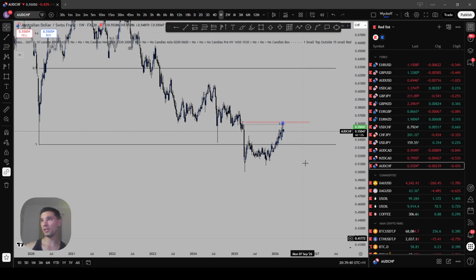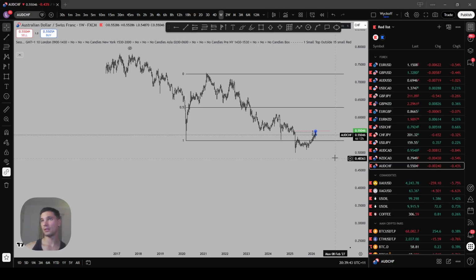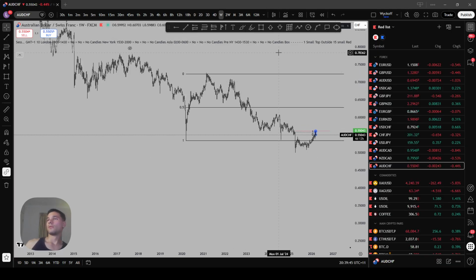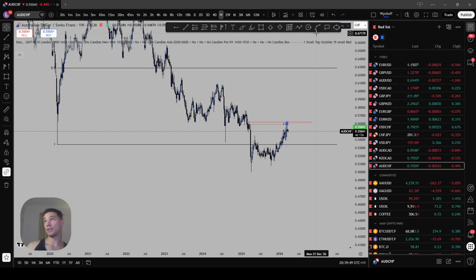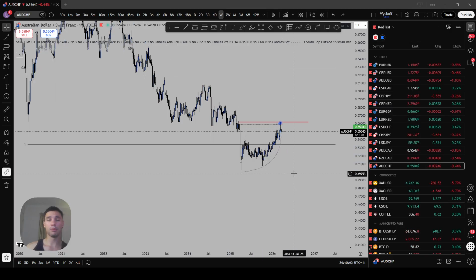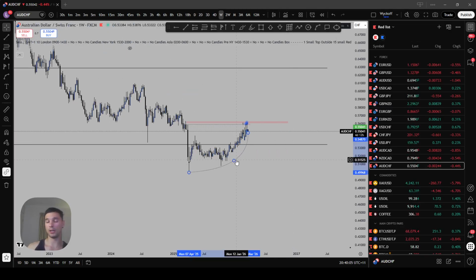What do I expect from this pair? Yeah, we are forming a nice sell side liquidity curve, which we can expect price to go lower. We can definitely expect price to go lower. And it probably will go lower, whether it's in the long or short term.